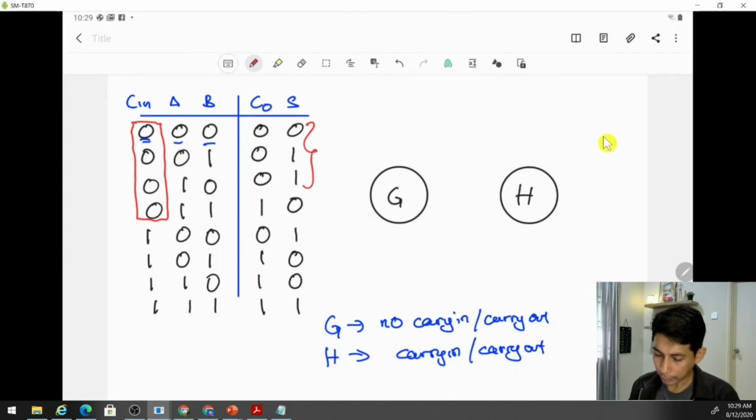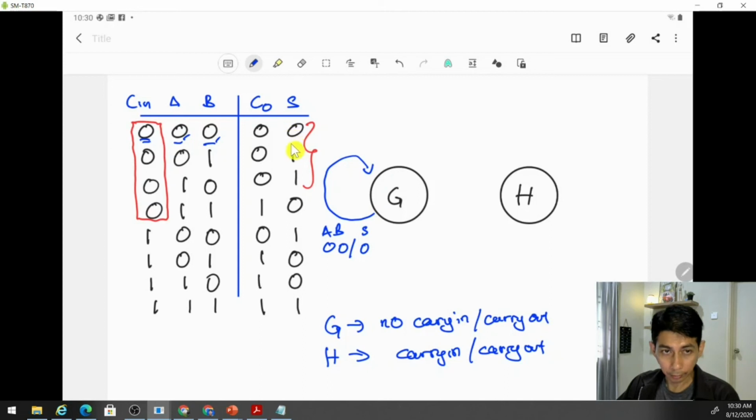So we can say that if A and B equal 0, 0, the output S should be 0. And remember, for a Mealy state machine, the output is at the state transition. So when A and B equal 0, 0, S should be equal to 0 here.